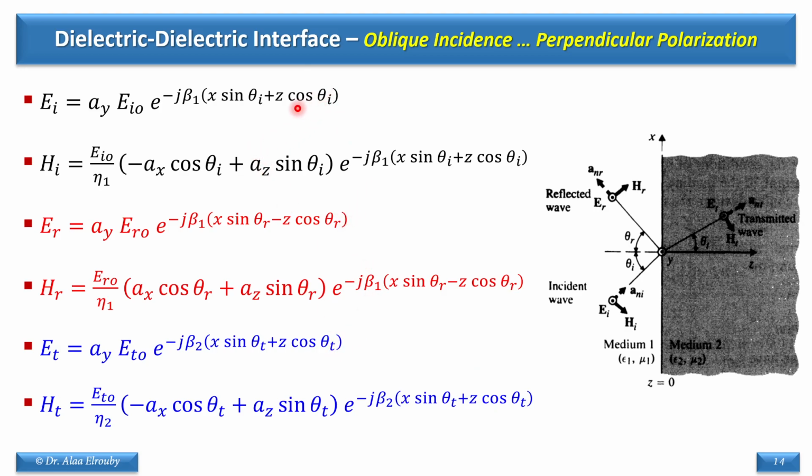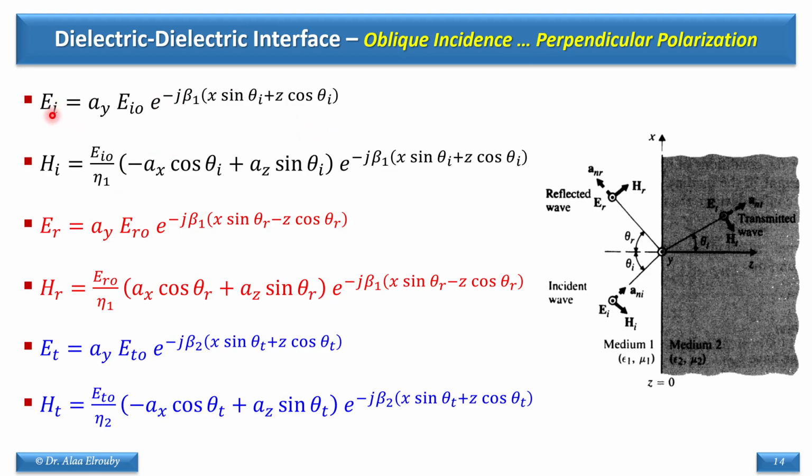From the expression of the electric field, we get the expression for the magnetic field in the three media, and then apply the boundary conditions. We have one boundary condition for E tangential, one boundary condition for H tangential. It's important to know how to write the expressions correctly and quickly.